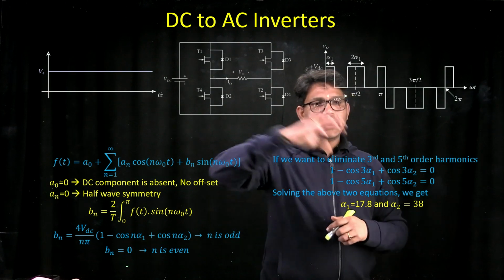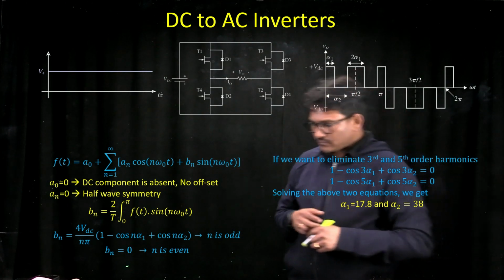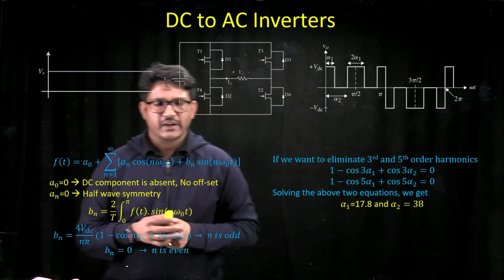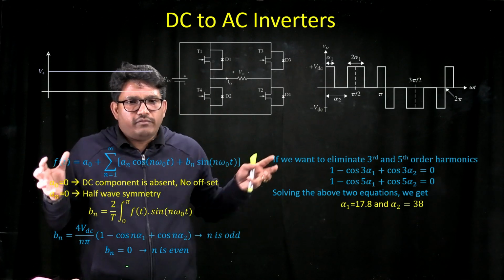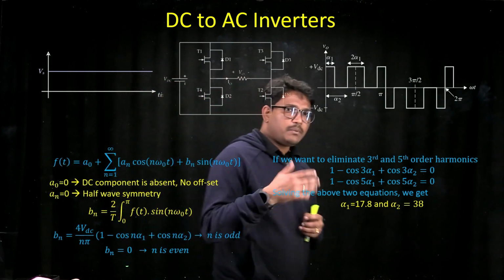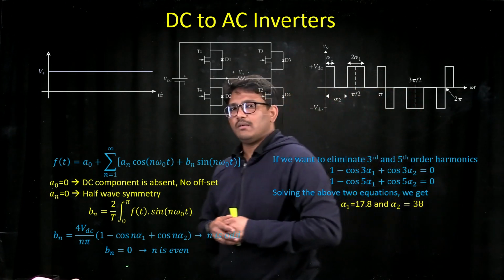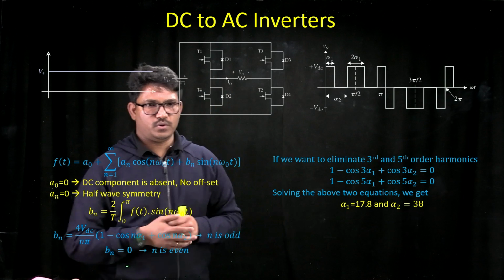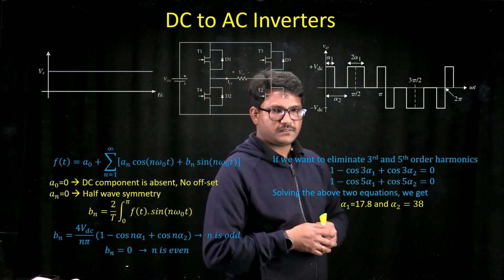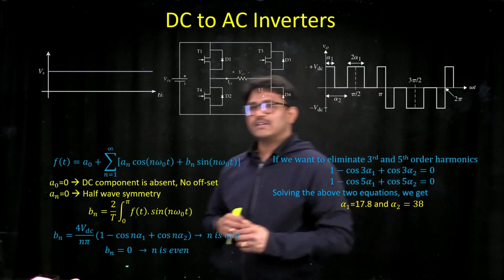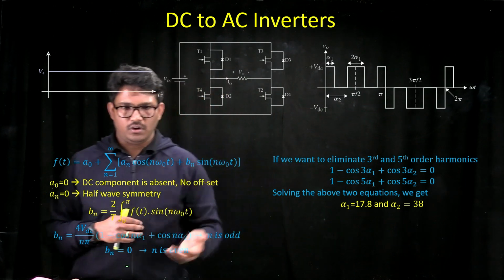So this is where we can see that the more pulses you get in your output voltage, which are well articulated according to the elimination of the harmonics that you want to remove, the better sinusoidal voltage you will be able to get as an output in the inversion process. What is the motivation for pulse width modulation?